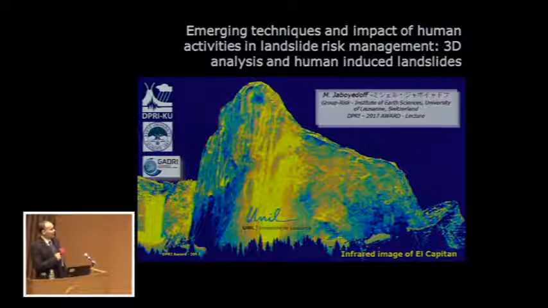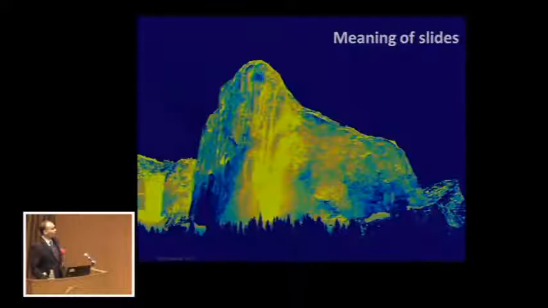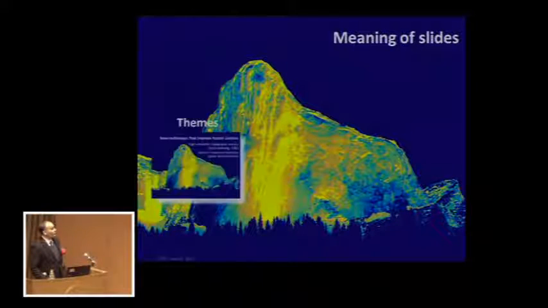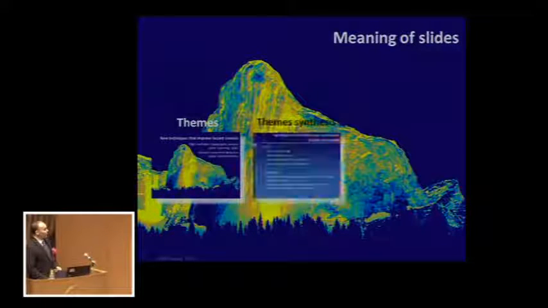I'll just go back to the image you have seen. It's El Capitan, the rock face in Yosemite, viewed by a thermal camera. Before starting the presentation, I just want to explain how I use different slides. This is the themes I will show you, and the meaning of this slide is like a summary, a synthesis of what I said in the themes.